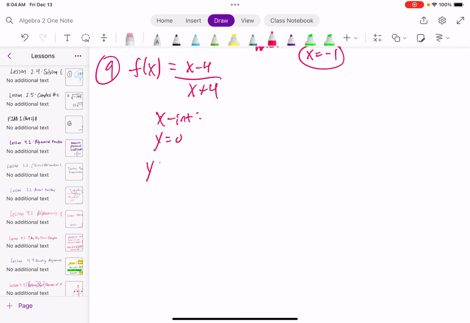So y is x minus 4 over, right? Y is 0. And how can you make this 0? Well, that only happens if this was 0. X minus 4 is 0. So then x is 4. This is your x-intercept.